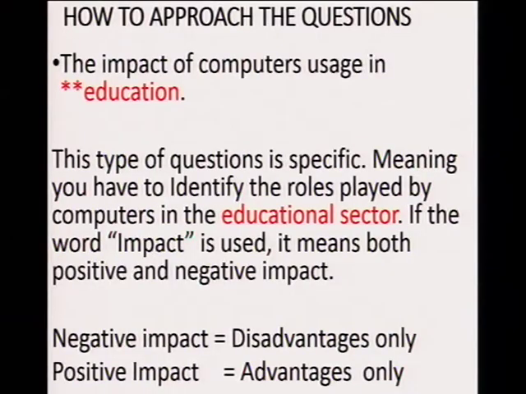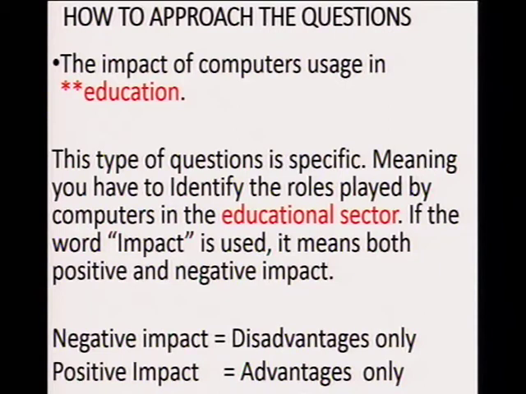And how do you answer the questions? I will tell you how to answer the question. Mention a point and discuss it. For example, the impact of computers in education. We know computer makes information available for everybody in education.